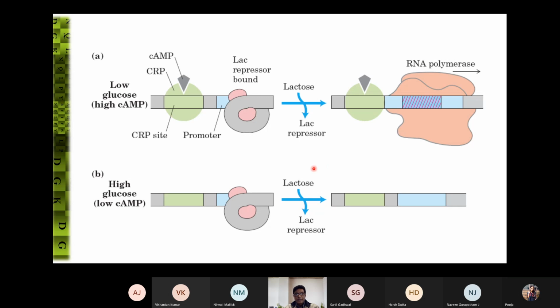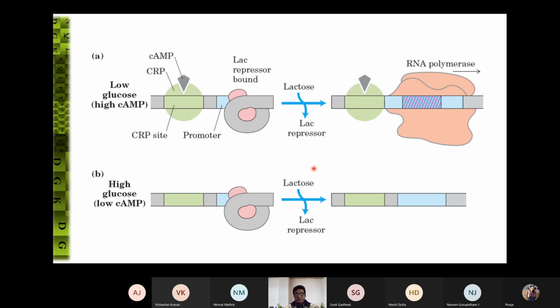So there are 2 things that are happening. You're getting a positive control by glucose, CRP, and cyclic AMP together. And on the other hand, you have the lac repressor protein, lac-I, which can get released by allolactose or its homolog, like IPTG, which is used in the labs. That can release the binding protein, and then you get the synthesis, right?